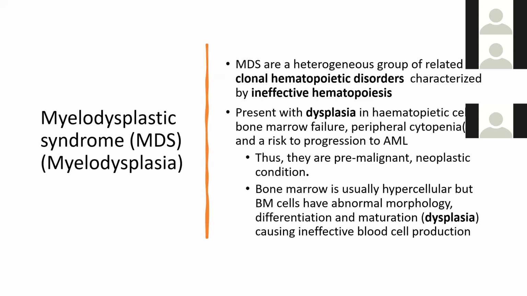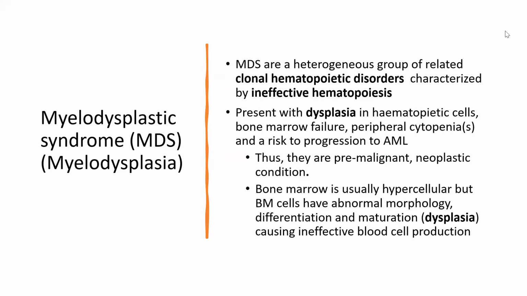So the myelodysplastic syndromes are a heterogeneous group of related clonal hematopoietic disorders characterized by ineffective hematopoiesis. So what do we mean? We mean that it is a clonal disorder, meaning that it arises from one cell that mutates, then it gives rise to other cells with that same mutation.